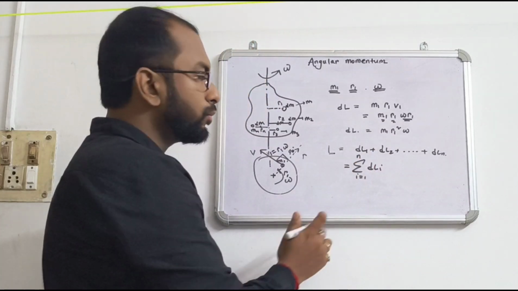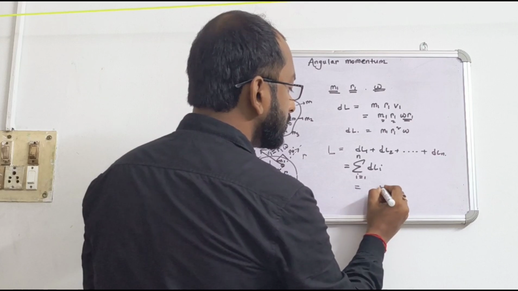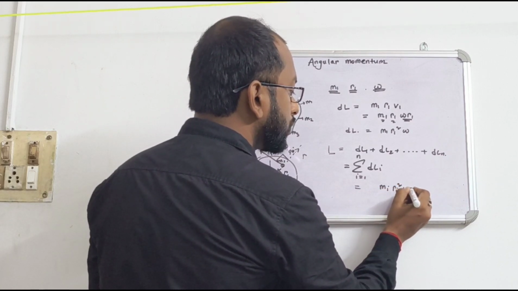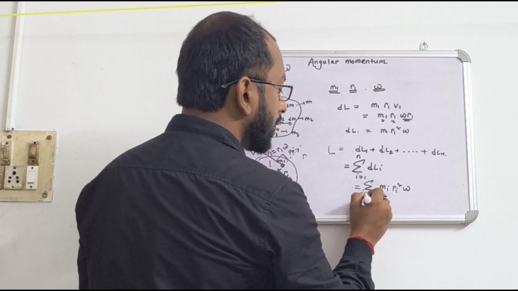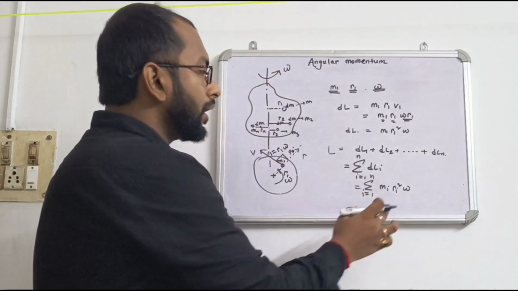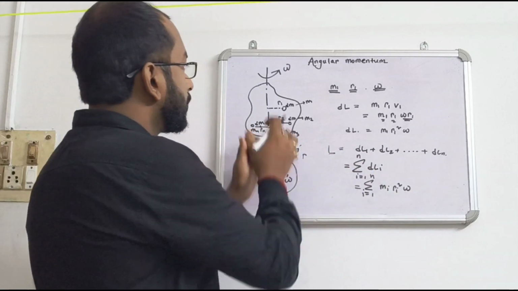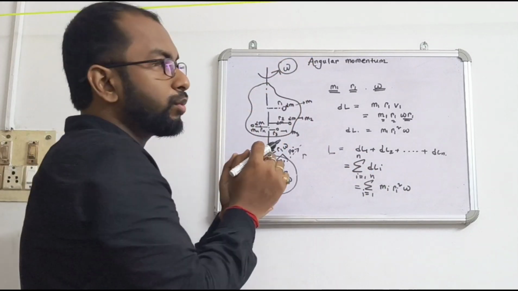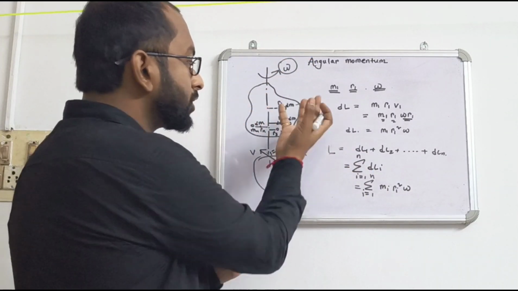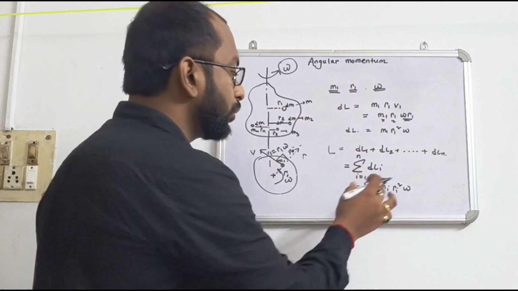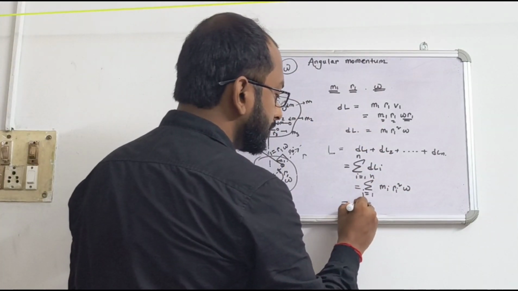Now what is small angular momentum? What we have found out? We will write mi ri square into omega, i equal to 1 to n. Now omega for this solid body is constant because it is rotating with angular velocity of omega. Angular velocity is constant for all these masses. All these masses are rotating with respect to this axis with angular velocity of omega. So omega will come out of the summation.